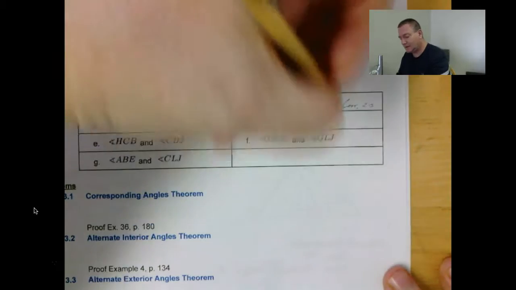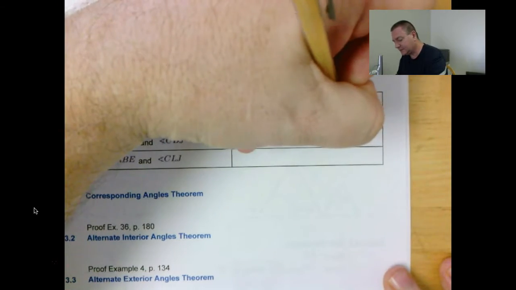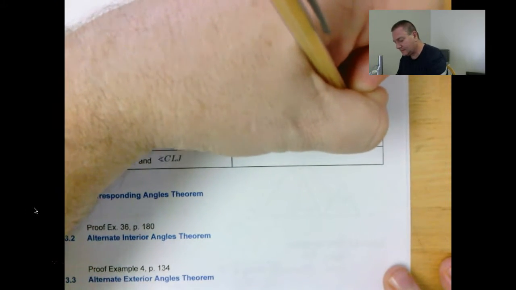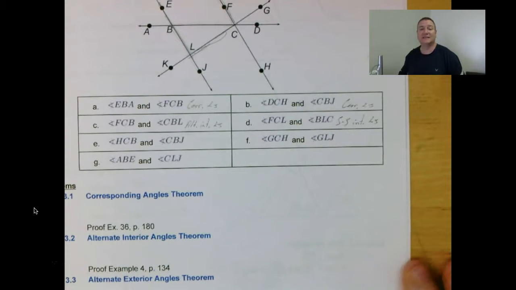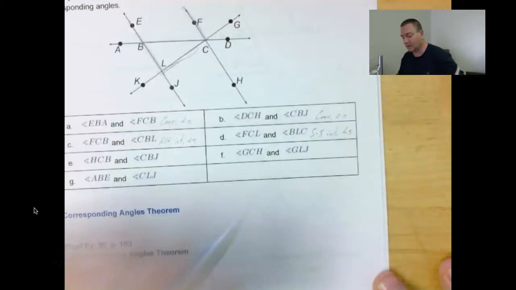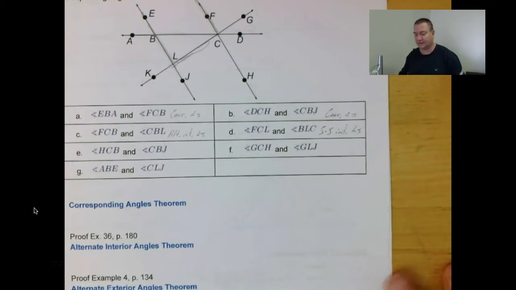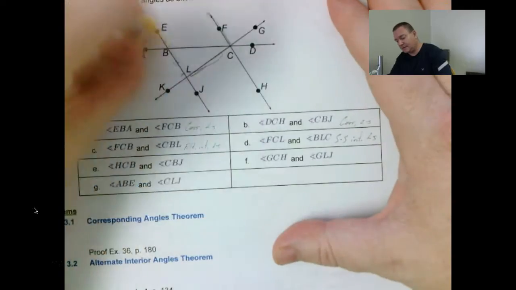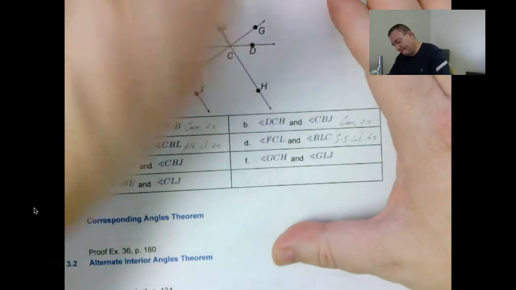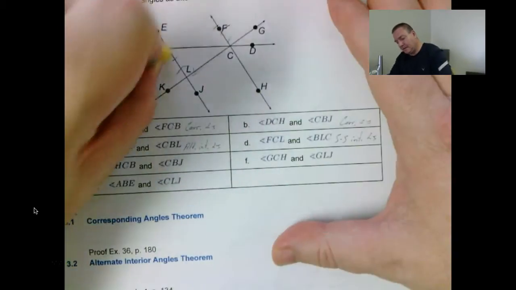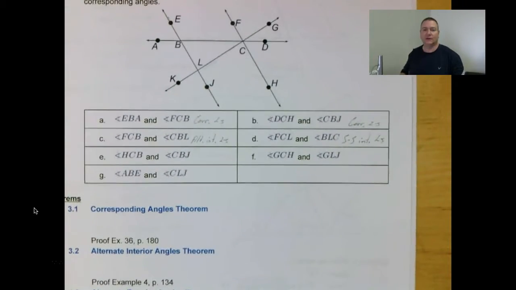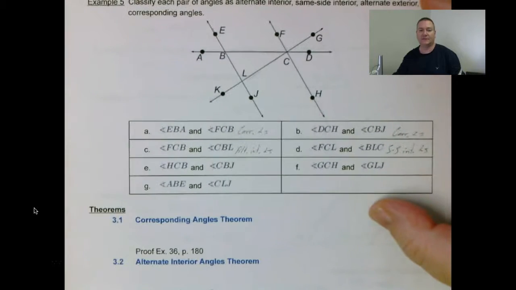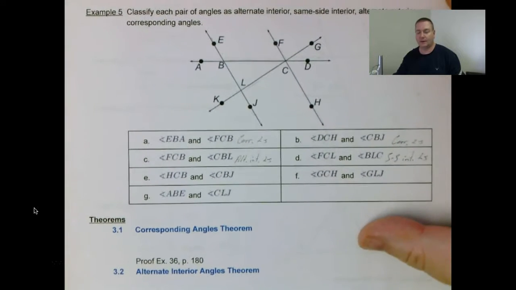And the pair of angles that make C-like shapes are same side interiors, or as our book calls them, consecutive angles. I'm not going to write that up because I don't have enough space. Let me erase that. So part D, same side interior angles or consecutive angles. I will use those names interchangeably as we go on.